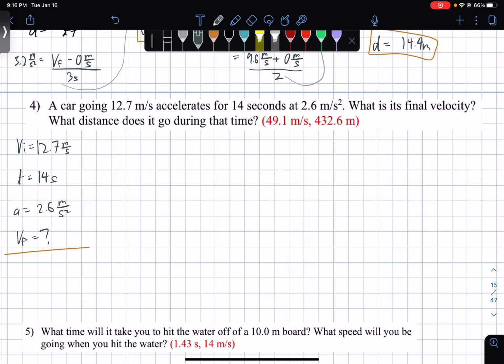Okay, so what distance does it go during that time? Acceleration is equal to Vf minus Vi over t. Acceleration is 2.6. Vf is missing. That's what we're looking for. Vi is 12.7, and the denominator is going to be 14.